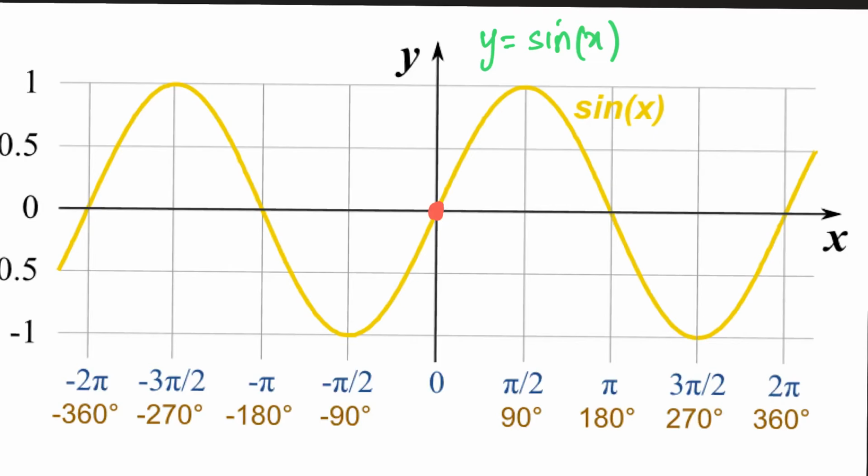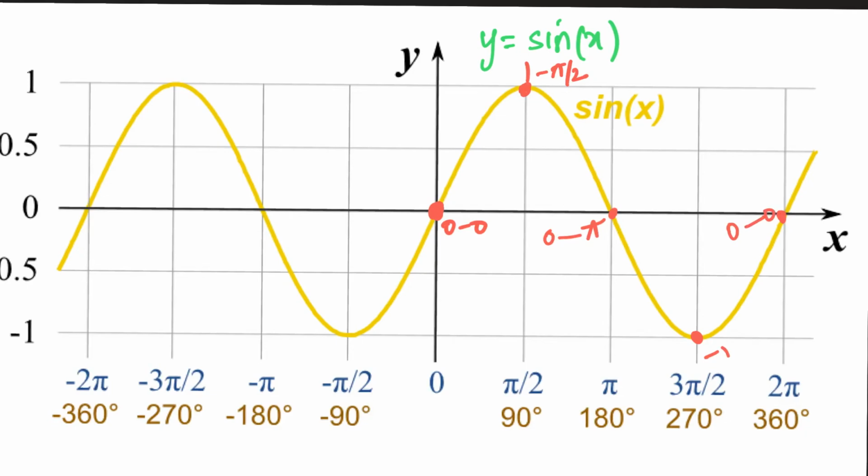At pi the value becomes 0. At 3 pi by 2 the value becomes minus 1. At 2 pi further the value becomes 0.